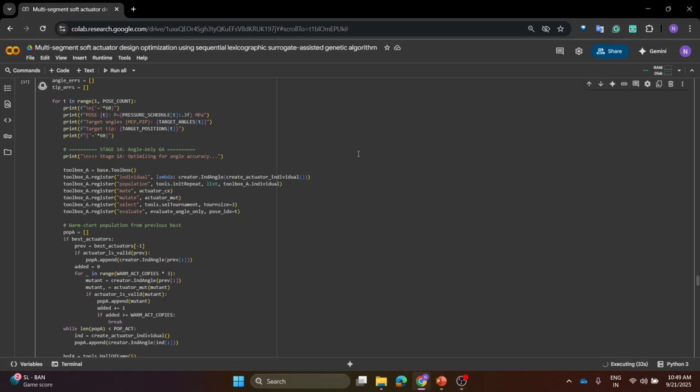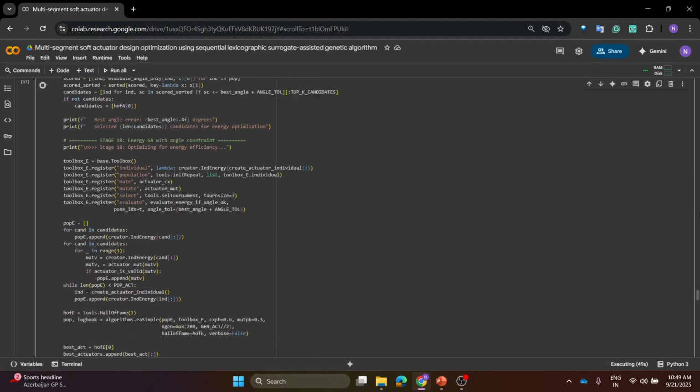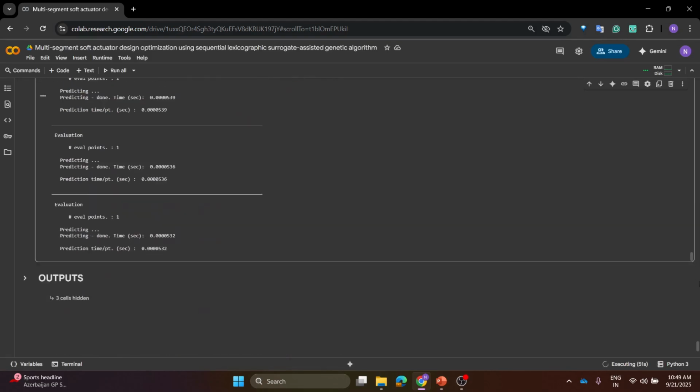There will be an initial random population for the first pose, but the best population from the first pose will act as the initial population for the second pose, and this will happen for all the subsequent poses. So this creates a connectivity between all the poses.